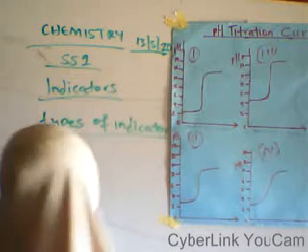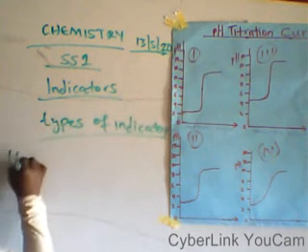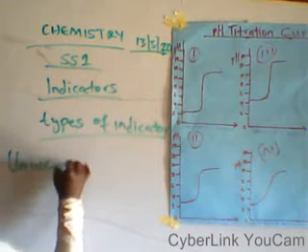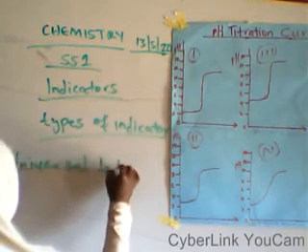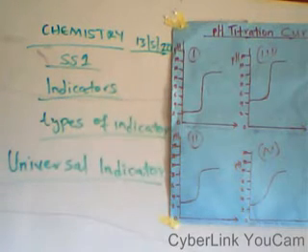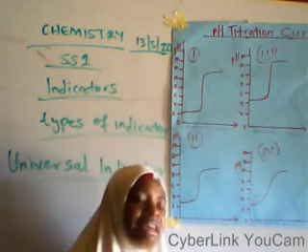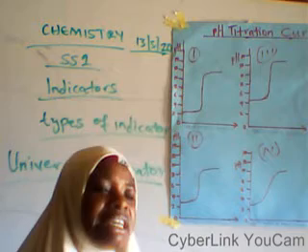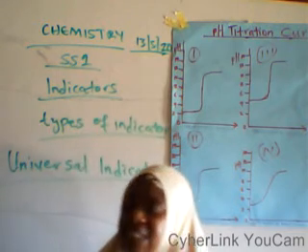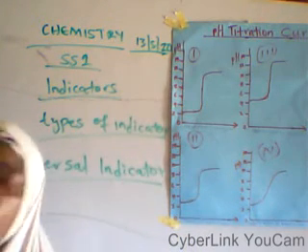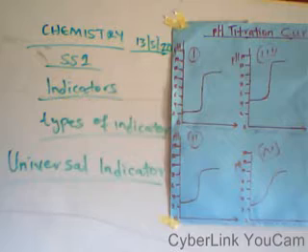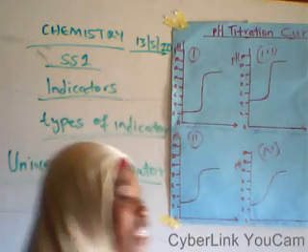Now, the next one we are going to look at is the universal indicator. What are universal indicators? Universal indicators are mixtures of dye that gradually change color over a pH range.